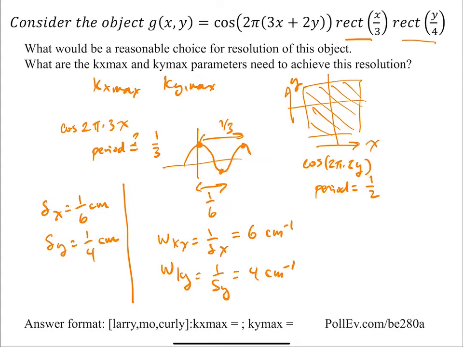It asked for kx max and ky max. So if the width goes from minus kx max to plus kx max, assuming a symmetric window, and my width is 6, what's kx max? Just 3. And similarly, ky max is 2.